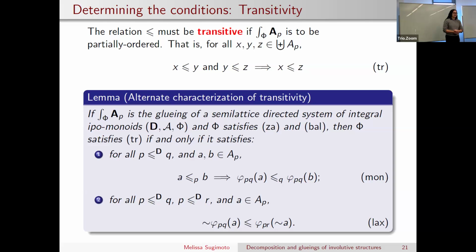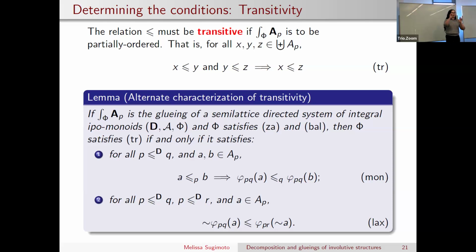And mon is, I think the inspiration for the name probably came from monotonicity, but it's the idea that if A and B were related in the same component, A is smaller than B, you map them up to a higher component and the image of A is still smaller than the image of B. And then lax is this weird one. You've got a setup where you're sort of in a V in the semilattice.